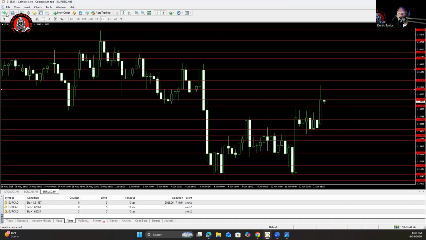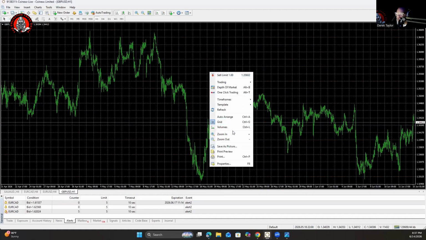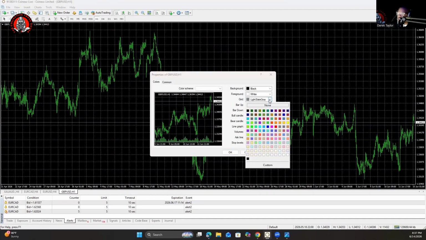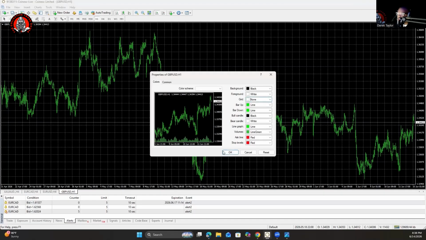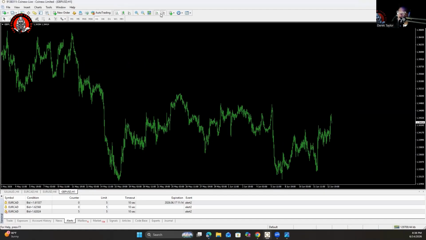Let's take a look at another. Let's look at GBP USD. Clear out these candles.